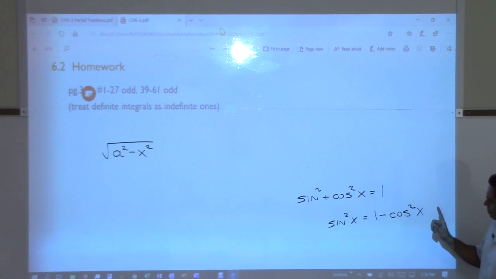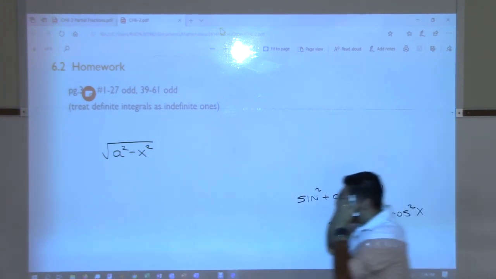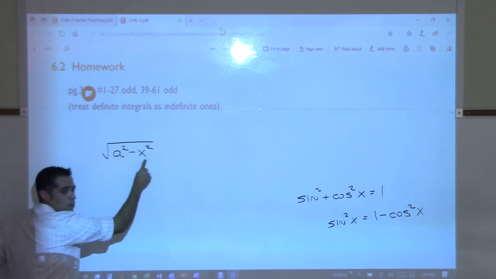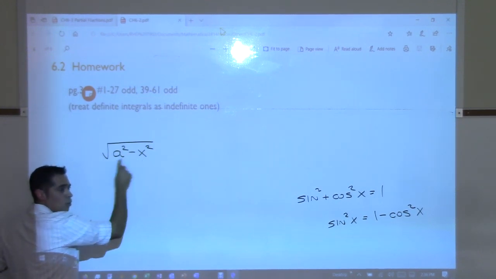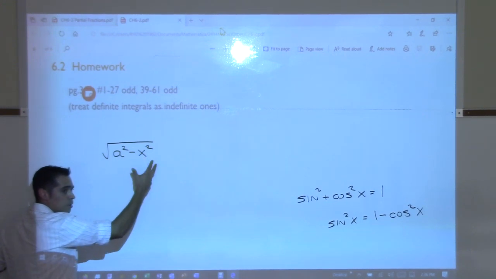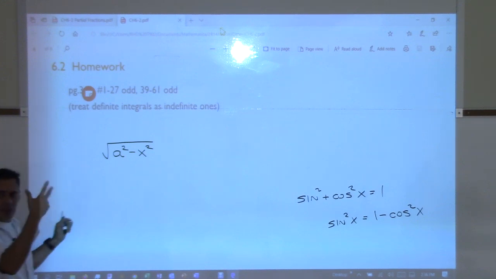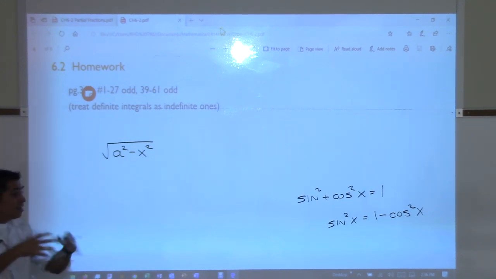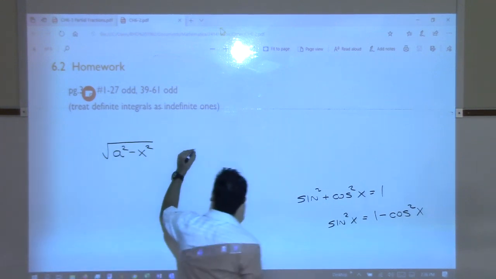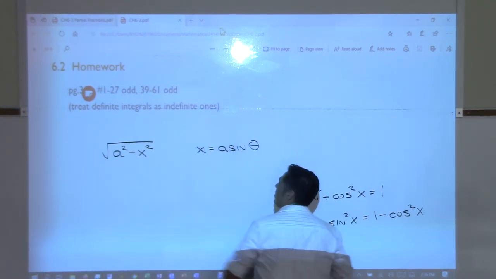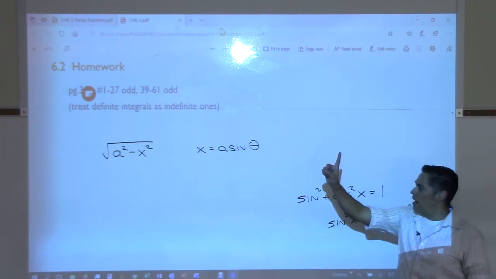So when I see this, I'm actually thinking 1 minus cosine squared. And what's 1 minus cosine squared? Sine squared. So this is like the square root of sine squared, which makes me think I'm going to be using sine. I'm just telling you how I do it, all right? So I see this and I automatically know x equals a sine theta is going to be my substitution. That's the first thing I put down.